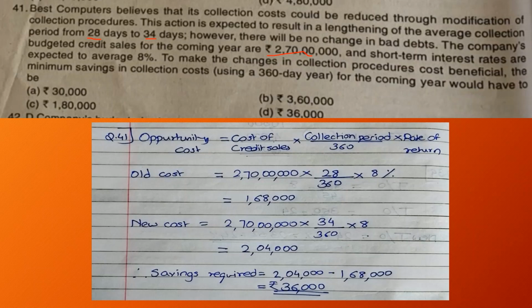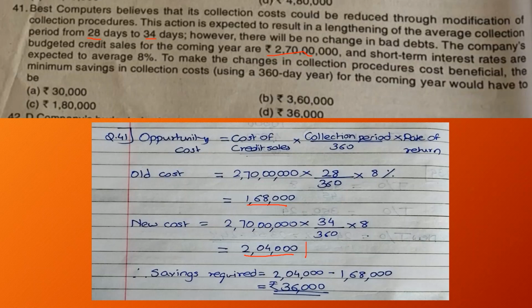So using 28 days अपॉर्चुनिटी कॉस्ट कितना है, 1,68,000 and new cost कैसे आएगा, 34 days से. So 2 crore 70 lakhs into 34 upon 360 into 8% we will get 2,04,000.